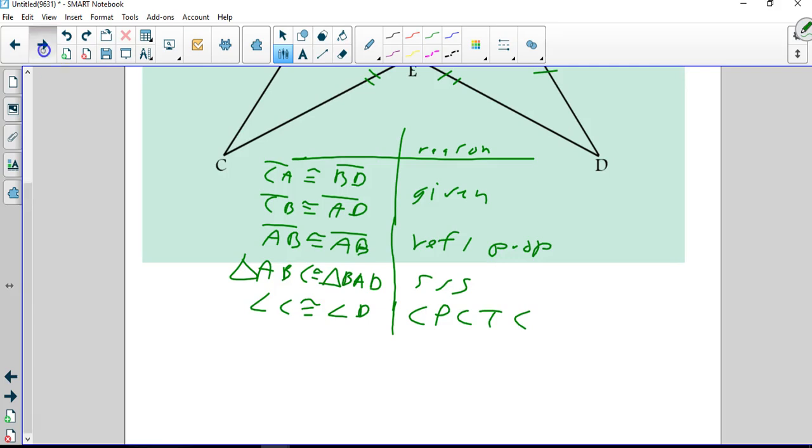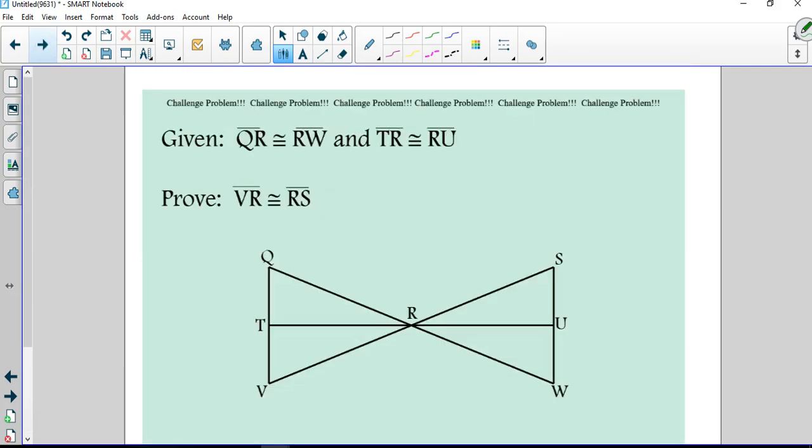You can hit pause if you need it. Now here we have a challenge problem. Okay, so this will be fun. QR congruent to RW. And TR is congruent to RU. I would actually say UR.